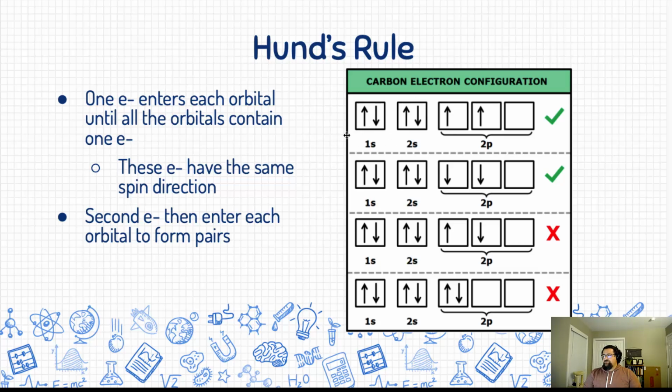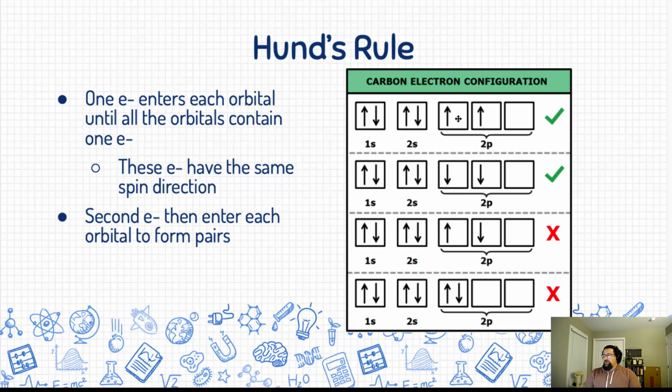So this doesn't really count for the s's, right? Because they only hold 2. So you enter 1, then you enter the second. But when you get to the p's or the d's, all right, what happens is you can't fill this box. You can't do this here, 1 up, 1 down. What you have to do is put 1 in the first box, put 1 in the second box, put 1 in the third box.